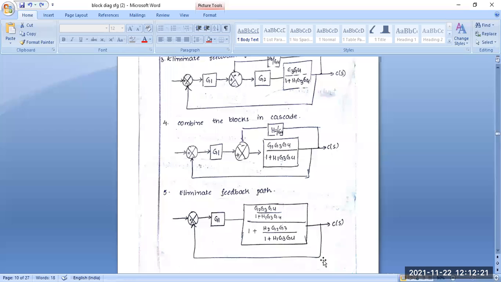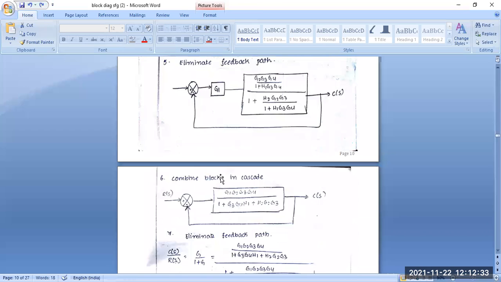Yes, sir. Okay, now in the next step you have to cascade this block to this block, that means G1 and then this block also. So combine these blocks in cascade. So how is it solved? That is G1 into G2, G3, G4 divided by 1 plus G3, G4, H1 plus H2, G3, G2.